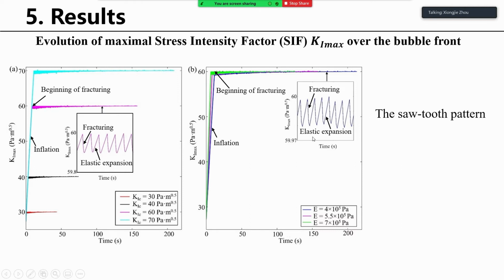Then you can see elastic expansion here and here with increased K1 max, and then at some critical conditions, it fails by fracturing here and here. Then again, it expands elastically with increased K1 max, and again it fails.